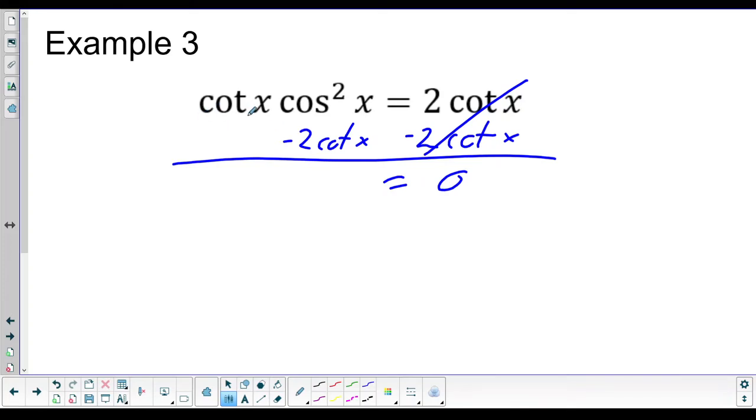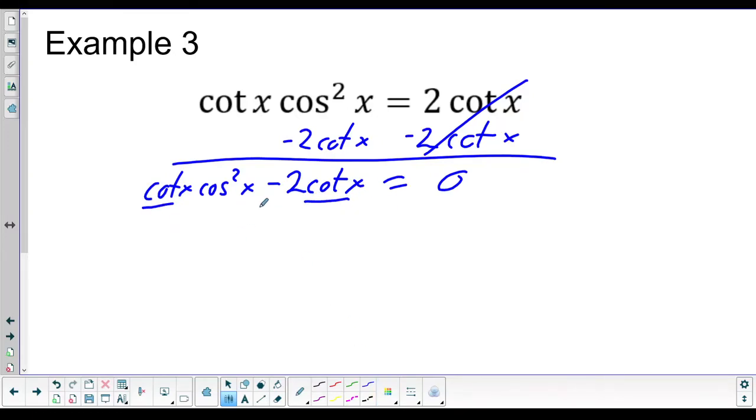this is a cotangent and this is a cotangent, but what is cosine squared x minus 2? You have no idea. So we're going to just leave these separate for right now. So we have cotangent of x, cosine squared of x, minus 2 cotangent of x. Now you can see that we have a cotangent here and a cotangent here.